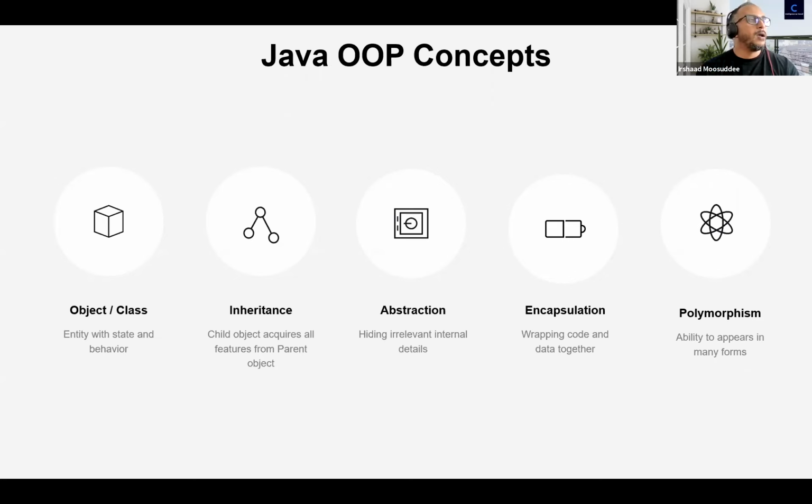Okay. Next is abstraction. It's mostly about hiding irrelevant details. For example, I'm sure probably some of you are drivers. So you know how a car drives. You just have to apply the accelerator pedal, and the car will go forward. And if you want to stop, you apply the brake pedal, right?